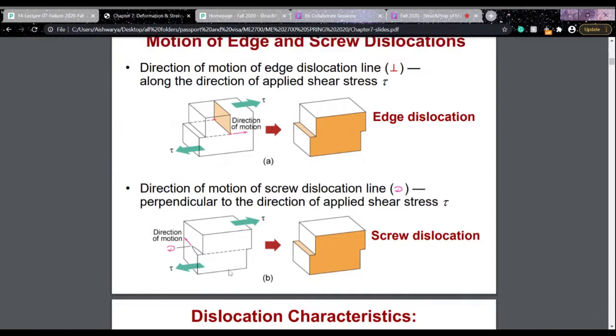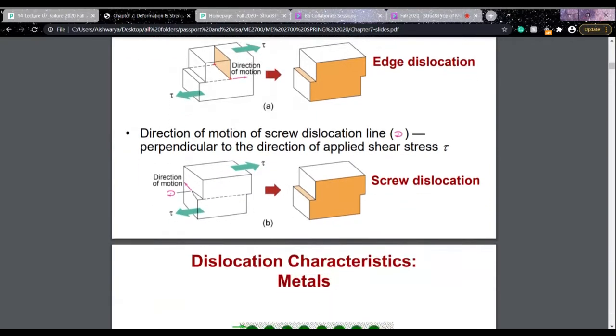Here the stress direction is in this direction and the tearing, or the shearing, of the atomic planes is in this direction. So we can say that the direction of the dislocation line and the direction of applied stress are perpendicular to each other in the case of screw dislocation motion.